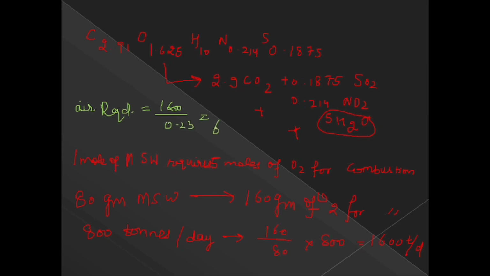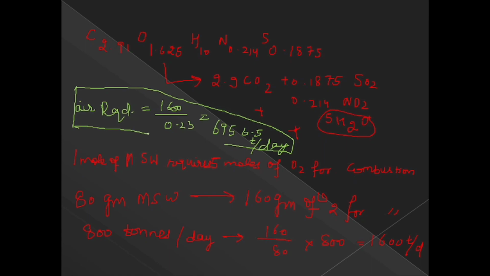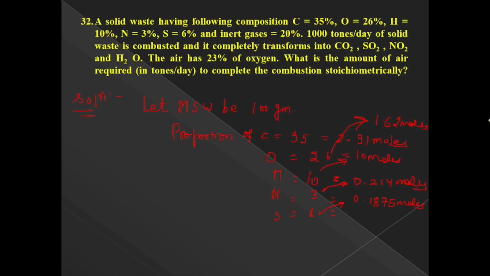So that is 6.5 ton per day, that is our answer. Okay, because air has 23% of the oxygen only. That's why we have calculated according to 23% of the oxygen.